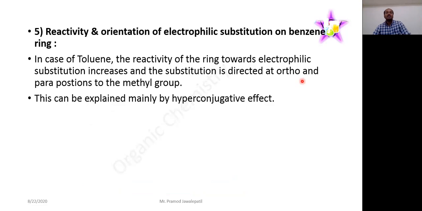The reactivity and orientation of electrophilic substitution on the benzene ring. As I already told you, in hyperconjugation in toluene, due to the methyl group present on the benzene ring, the carbon-hydrogen bonds are conjugated with the benzene ring, and due to this conjugation, it affects the reactivity of benzene.